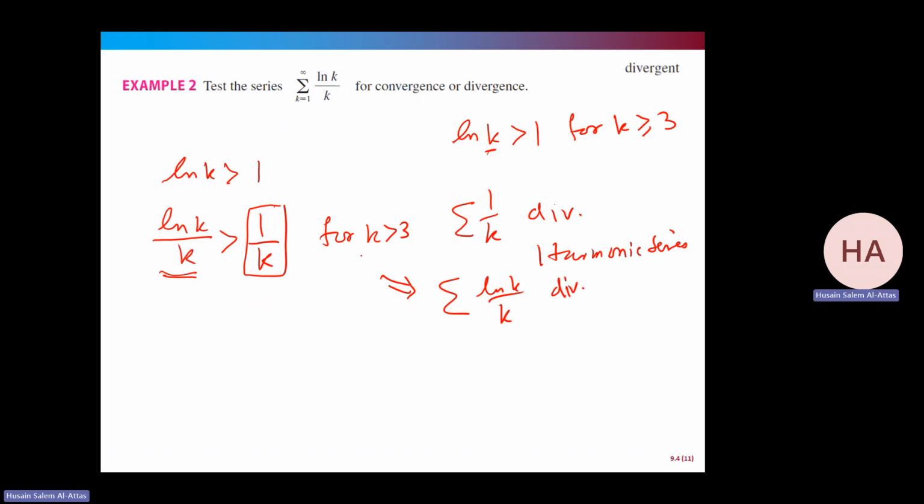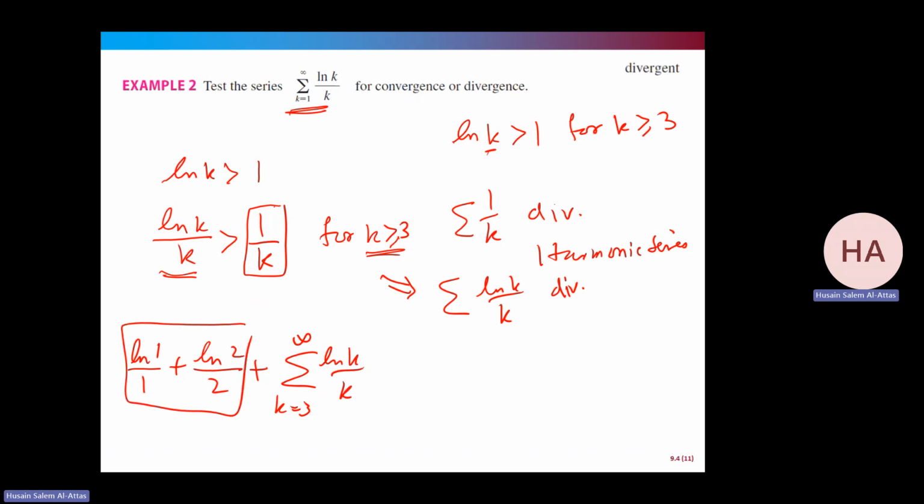Someone will say, no, we're doing this for k greater than or equal to 3. Who cares? Because this series will be ln 1 over 1 plus ln 2 over 2 plus the series starting from 3. This is just a number.